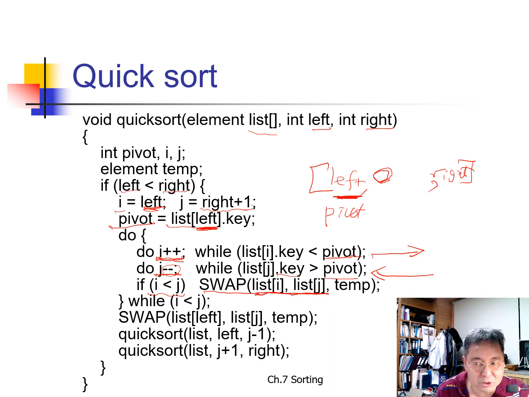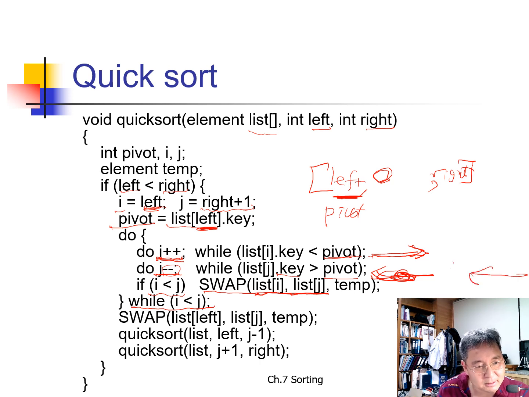Swap means exchange the locations of list I and list J. This continues while I is less than J, and we stop when I is greater than J. That means the first index goes to the right, and the second goes to the left. If they meet, I will draw this one in here.